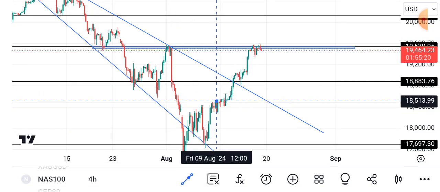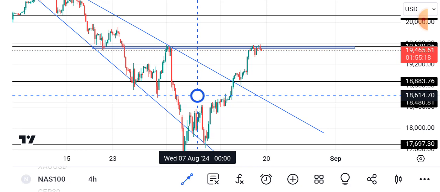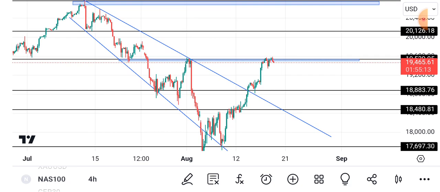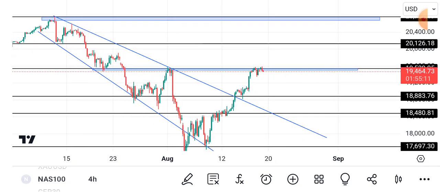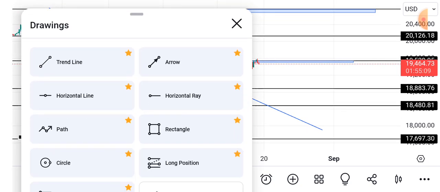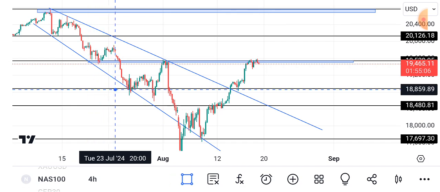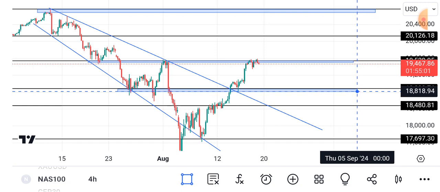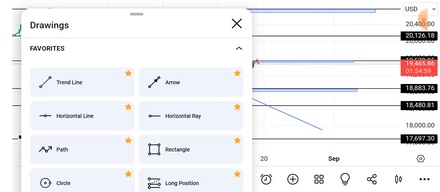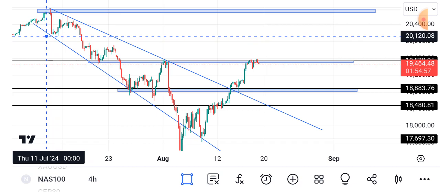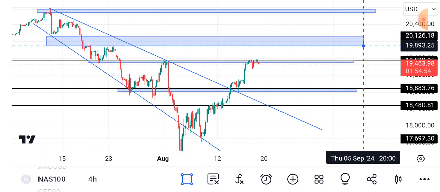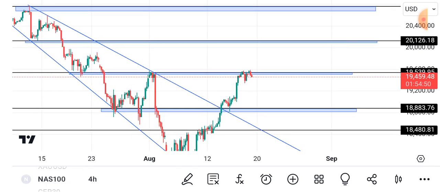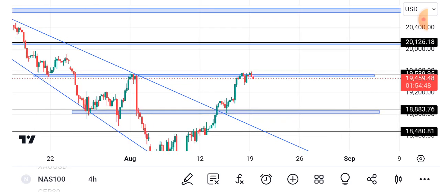So you can see I highlighted the point where I think the market will reverse because it's a zone, and I highlight the point where there is a zone again, and then I'll highlight the top one right before the initial target. So you can see that the market is at the point of reversal.